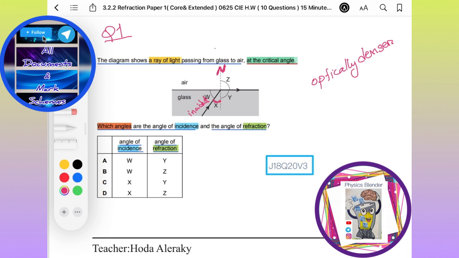The refracted ray is refracted at the boundary, so the angle of refraction is Z. So you have Z and X, so you have to choose D. About values, in the critical case, the angle of refraction is 90 degrees in the less dense medium.